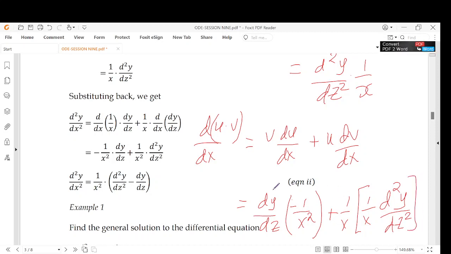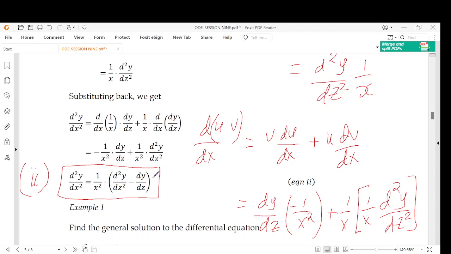So we can now open the brackets in the second term, and we get 1 over x times 1 over x, which is 1 over x squared. We have 1 over x squared in the first term and 1 over x squared in the second term. When we simplify, we factor out the 1 over x squared, and we get this equation, which we are going to call equation 2.